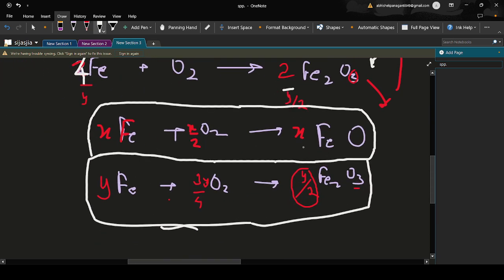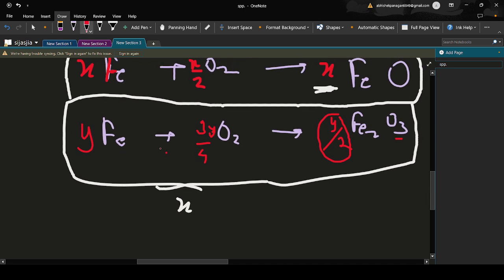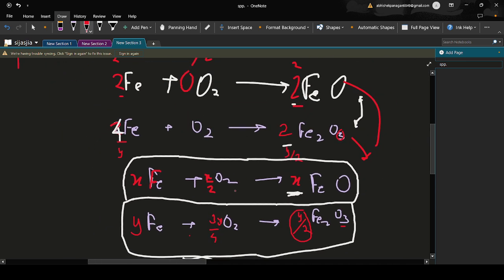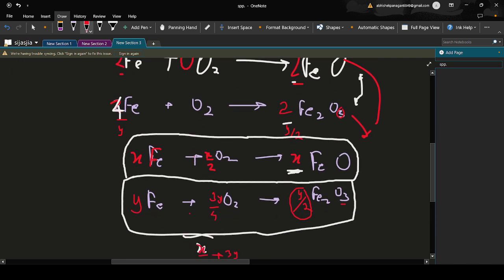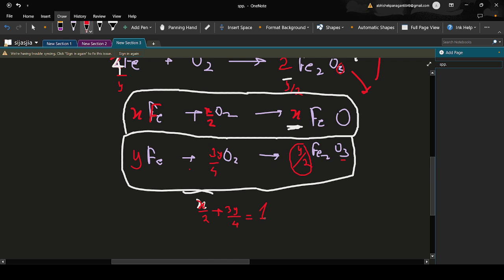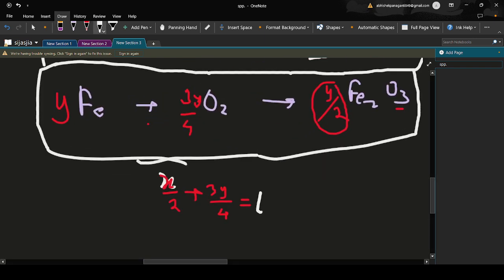So basically the combined O2 is x by 2 plus 3Y by 4, and if we compare with the above reactions, it is 0.65.